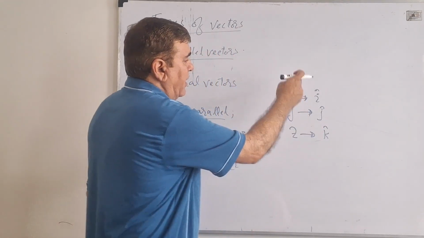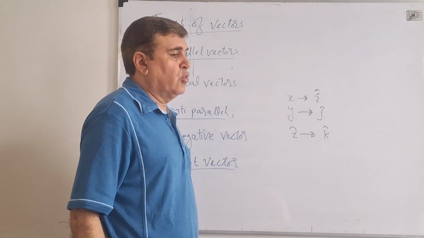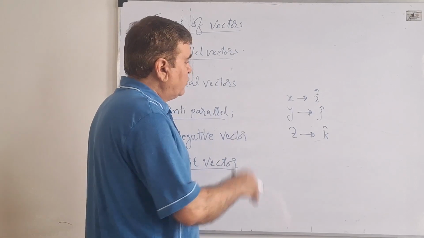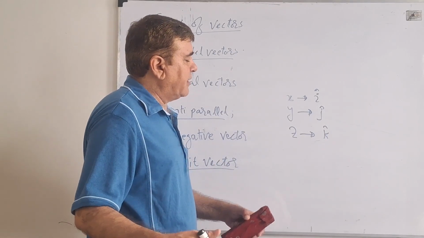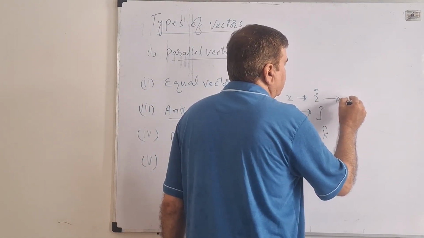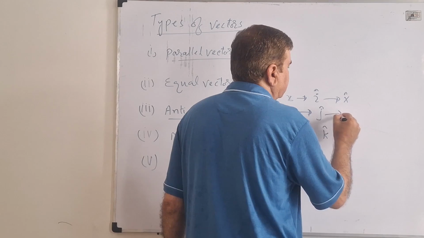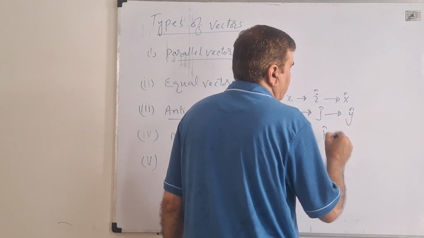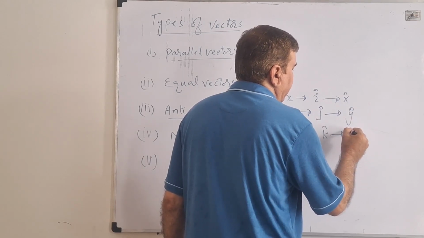But remember, this representation is not global. This is used usually up to college-level physics. Later on you will see some authors and books use x with a hat, y with a hat, and z with a hat.